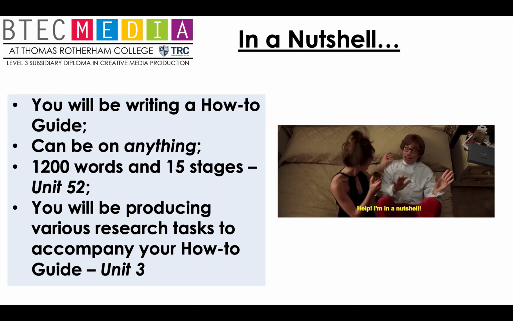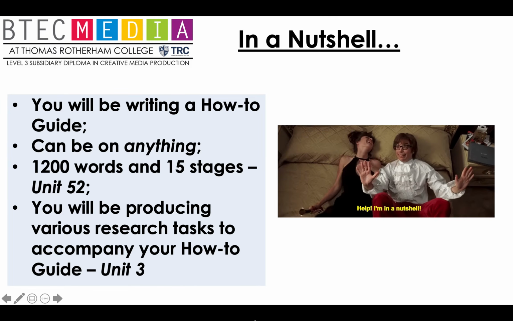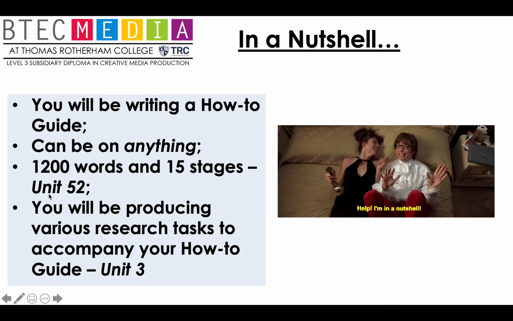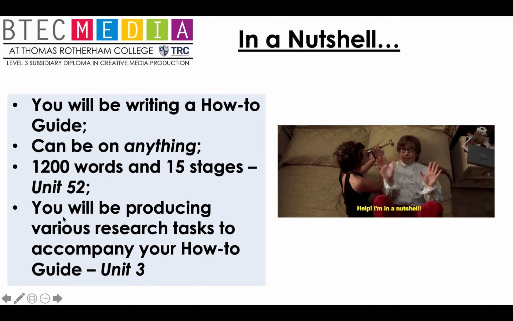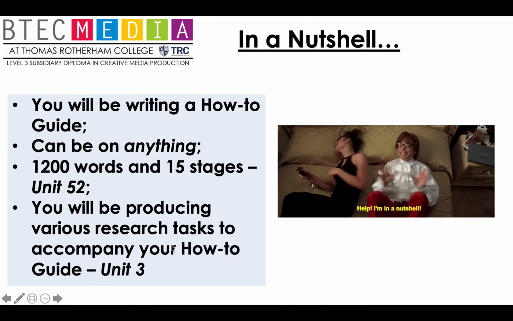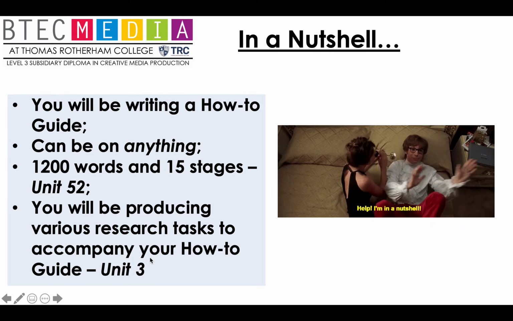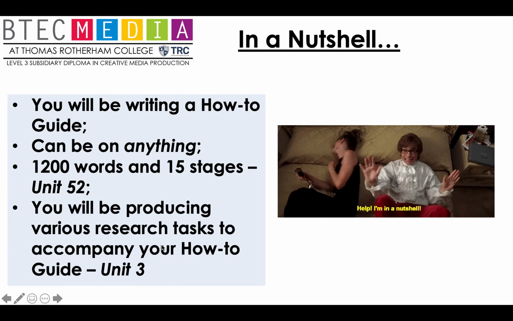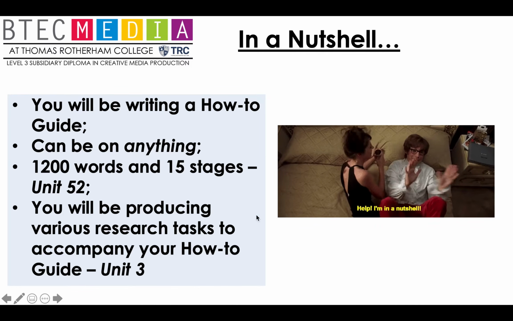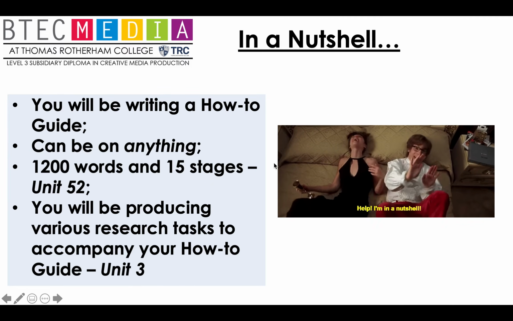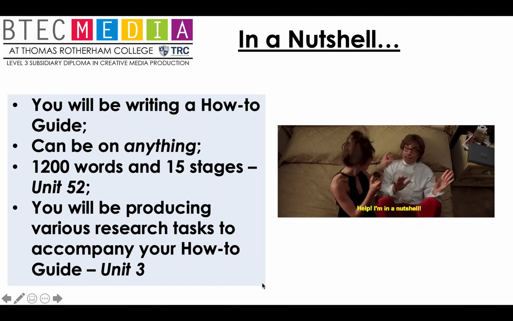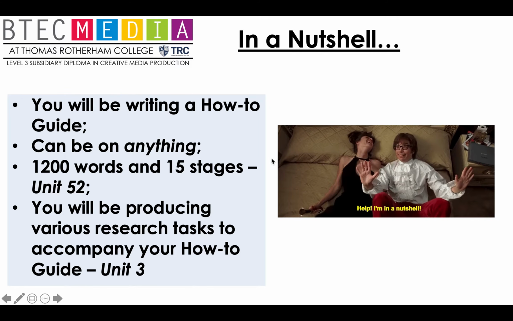Okay? The actual how-to guide itself, as you can see here, goes towards Unit 52, and the research that you do, which you'll have 7 research tasks altogether, go towards Unit 3. So like I said a minute ago, this is one of those assignments that goes towards more than one. So make sure you bear that in mind when you're doing your various tasks.